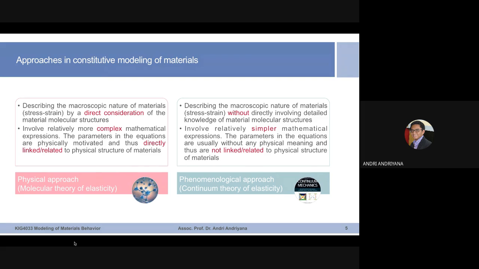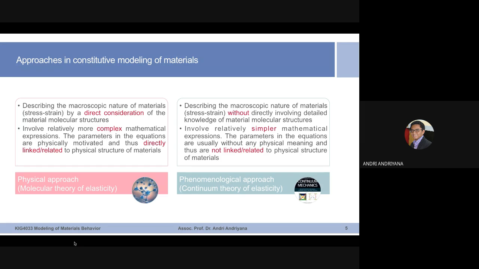They can be directly linked or related to the physical structure of the material. So your mathematical equations will be more complicated, but they involve certain parameters which are physical in nature. It is easy for you to understand because the parameters represent something physical in the materials, but with relatively complex mathematical expressions.